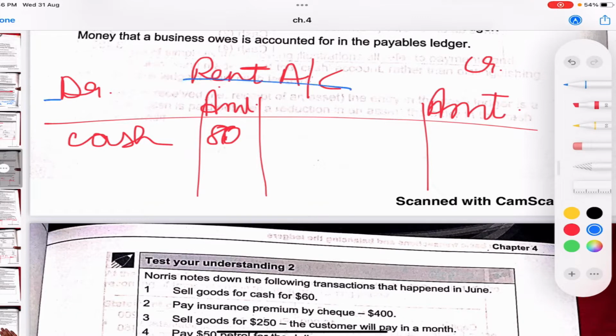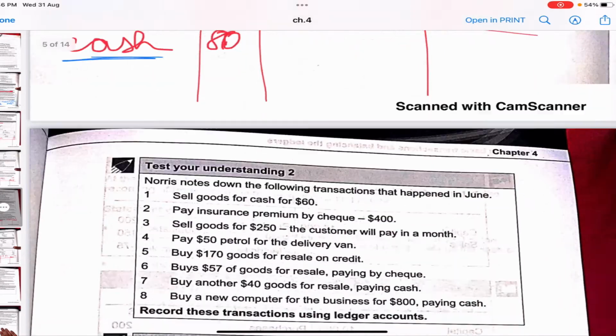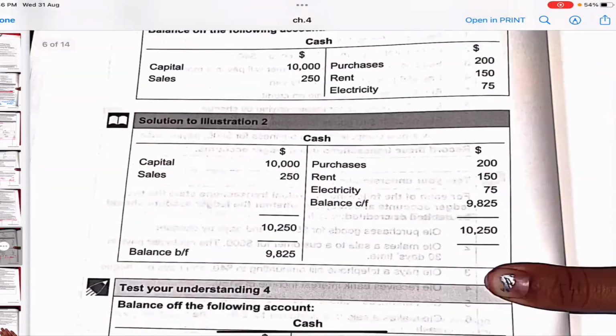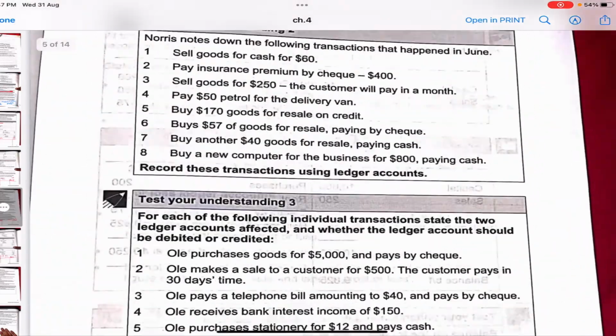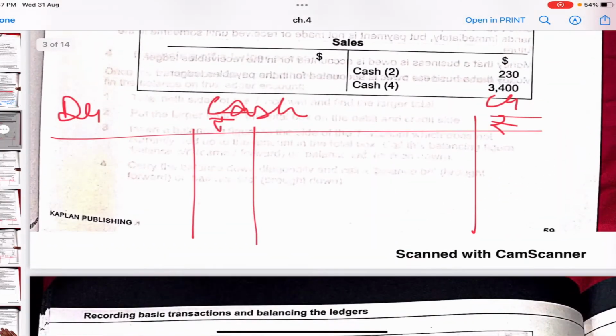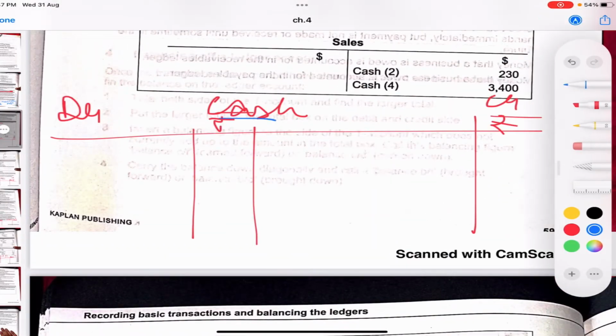Rent account debit, cash account credit. Easy. Let's go to the cash account. Where's our cash account? Cash account credit and rent account debit. Easy. So far, got it?